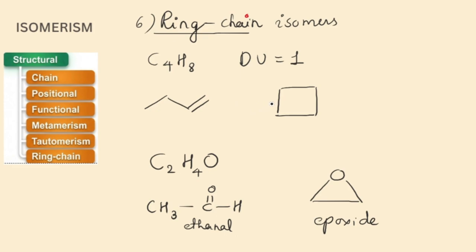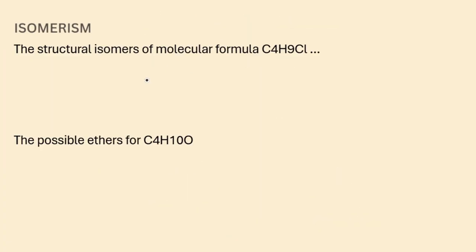Students, the more examples you solve from isomerism, the better your understanding will be. So let's solve some examples based on all the different types of structural or constitutional isomers. I'm going to solve these two examples in order to understand isomerism better.